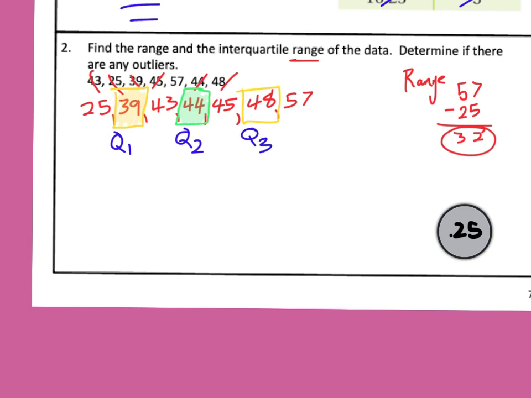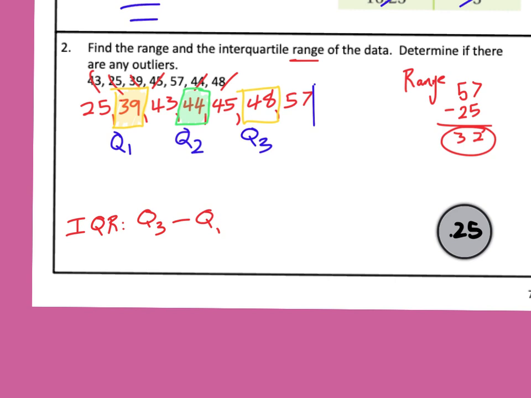So now we've split this into 4 separate sets. I know it says 3 there, but 4 would be over here. 4 would be the total. So to find the IQR, it's pretty simple too. Once you have split this into quarters, we're going to simply take Q3 and subtract Q1.